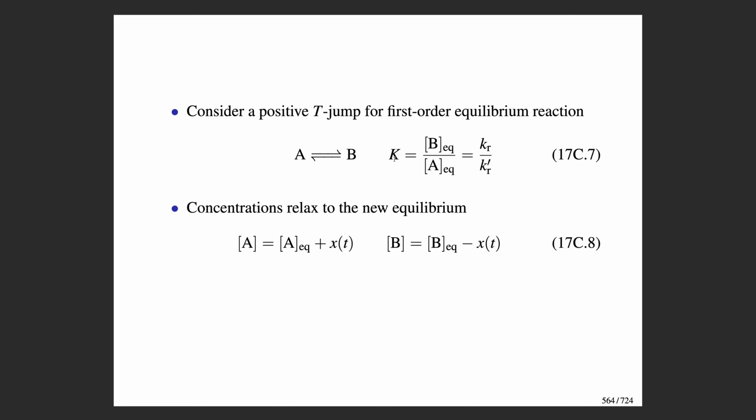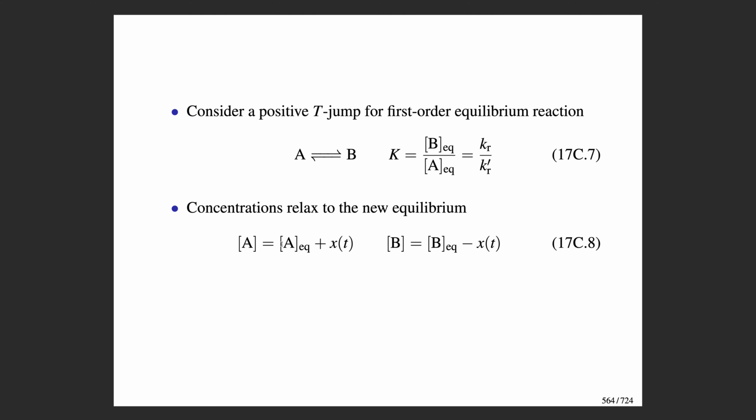That's going to determine whether the equilibrium constant gets larger or smaller. Either way, you're going to wind up with a time-dependent concentration for your reactant and product that's going to depend upon this response function, x(t), and it's going to have equal but opposite effects on the reactants and products.